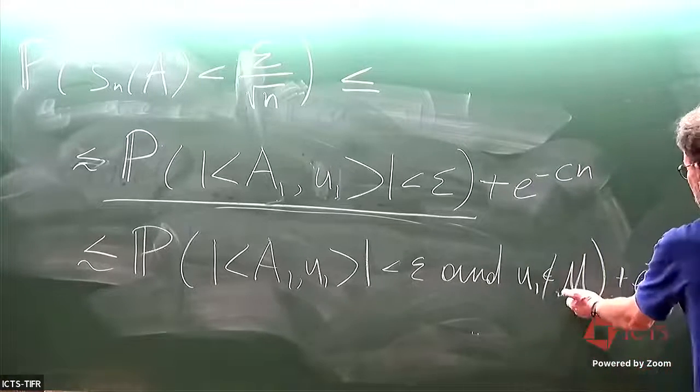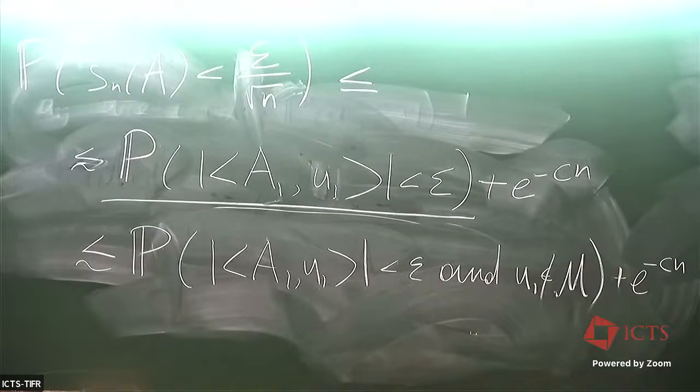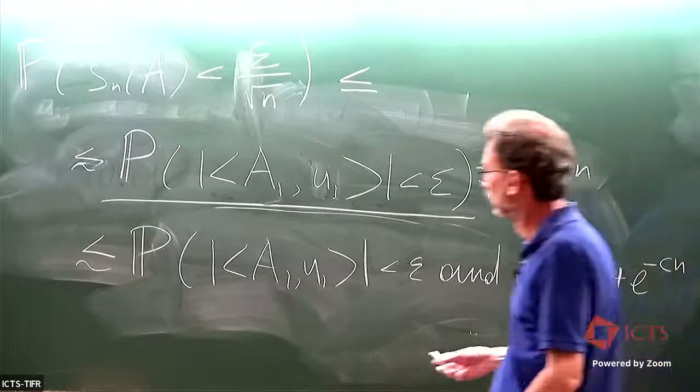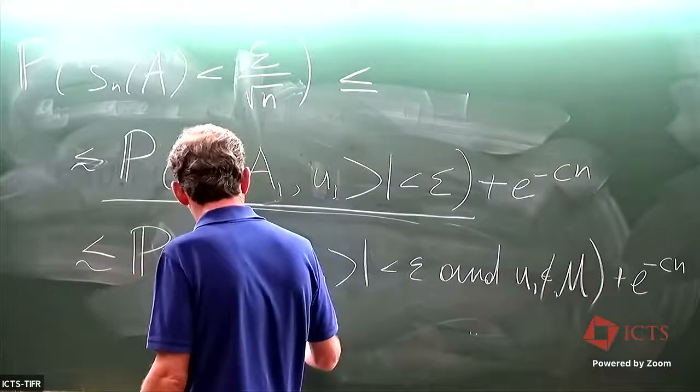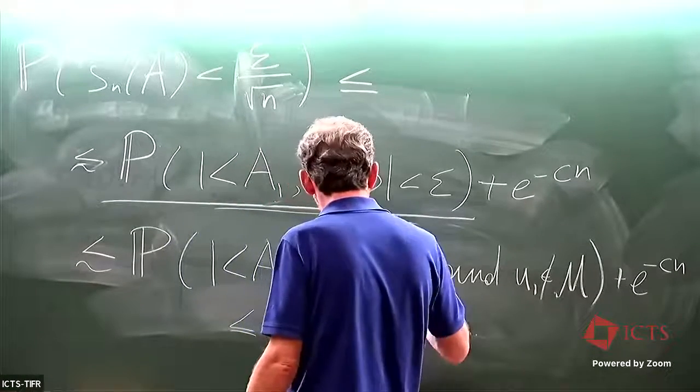But if U1 is not in M, then I know that this small ball probability bound holds, and we have C epsilon plus e to the negative Cn.